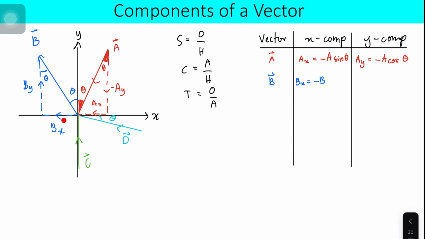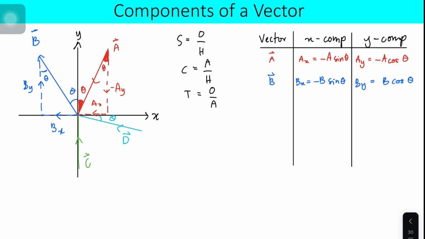We have the hypotenuse, the B, and we want the opposite side, so it's going to be B sine theta. With respect to this angle, the By is the adjacent side, so we are going to have B cos theta. It has a positive sign because it's pointing towards the positive y-axis.